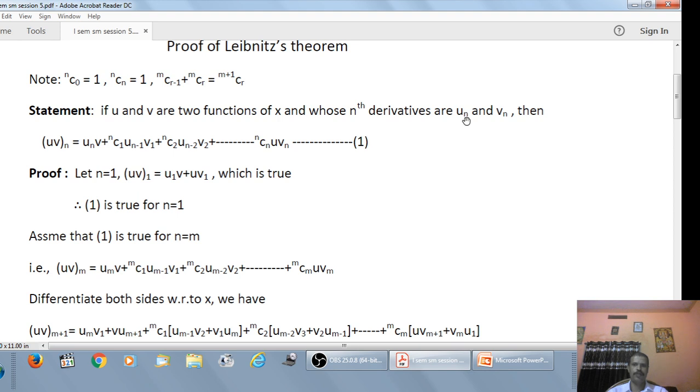The positive integer starts from 1. So first prove the result, whatever we want, for n is equal to the first value 1. Then assume that the result is true for n is equal to m. Then prove that this result is true for the next term of m, that means m plus 1.